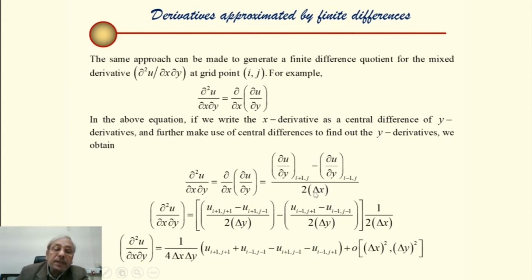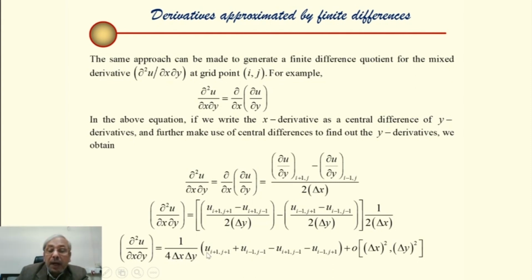This is central differencing. Then individually, del u del y at i+1,j and del u del y at i-1,j, we express following central difference.